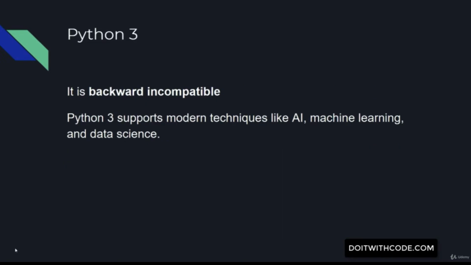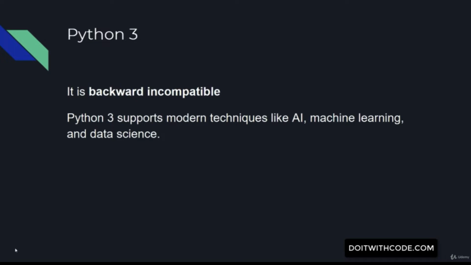Now if we talk about Python 3, it's backward incompatible. Any code written in Python 2 cannot simply be run in Python 3. We will also look at why we cannot run code written in Python 2 in Python 3. If you know something about semantic versioning, usually when the version changes from 2 to 3, or 3 to 4, developers find it really hard to keep backward compatibility.